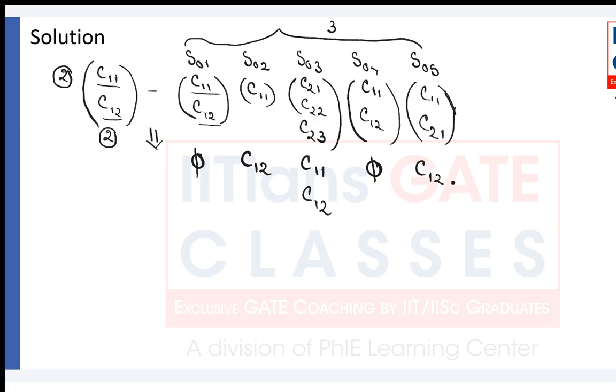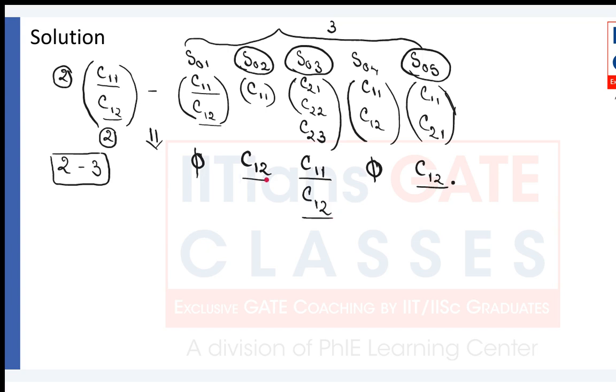Now, can I say that the result of this query 2 minus 3, that we did, 2 except 3, for S02, for S03 and for S05 there is some course number that exists? Can I say this? That there is some course that exists for them. In this case, for S02 it's C12, for S03 it's C11, C12, for S05 it is C12.